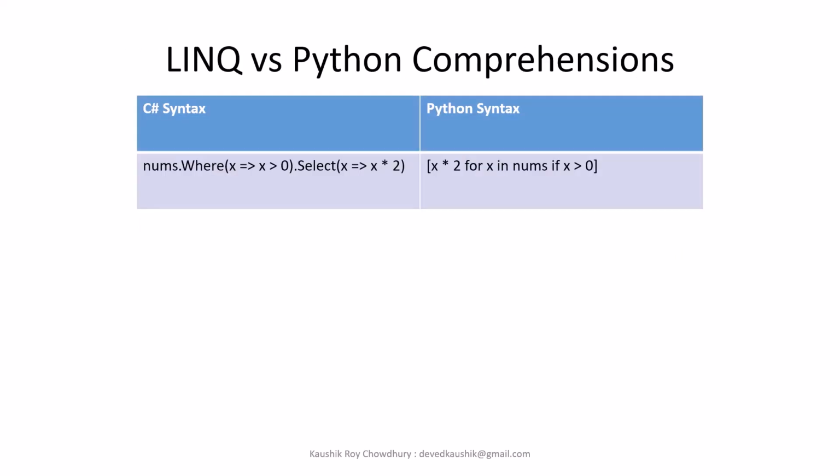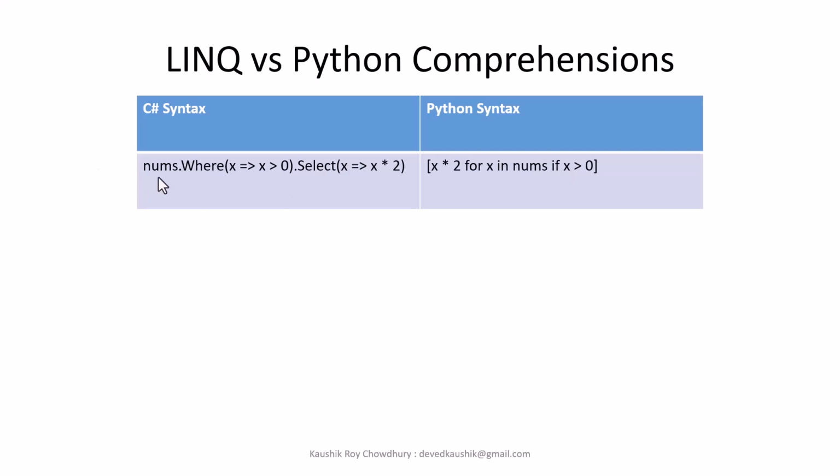Now the LINQ versus Python comprehensions. You might love LINQ in C#, and Python has something equally elegant, list comprehensions, which we have already learned in the loop section. A single line, x times 2 for x in nums if x is greater than 0, replaces both filtering and projection, and is used everywhere in Python data science.